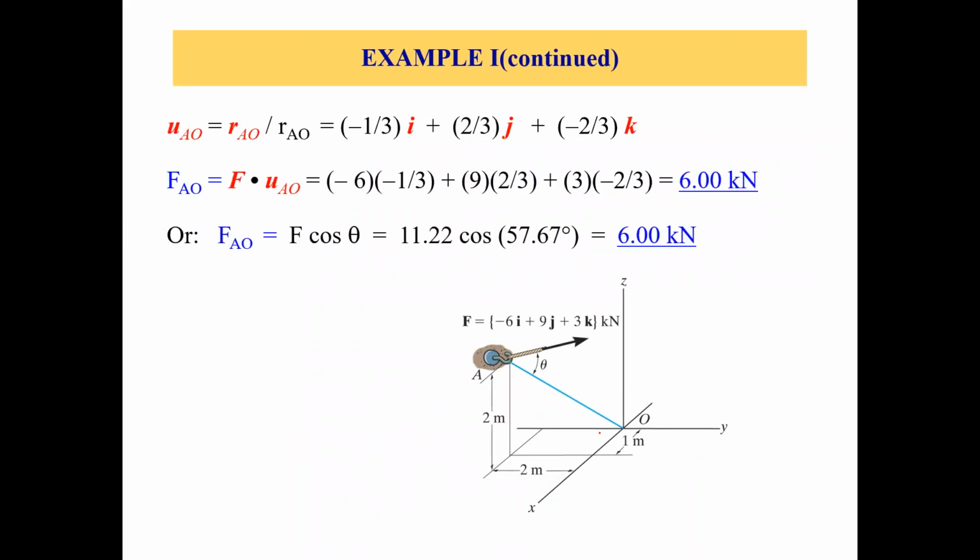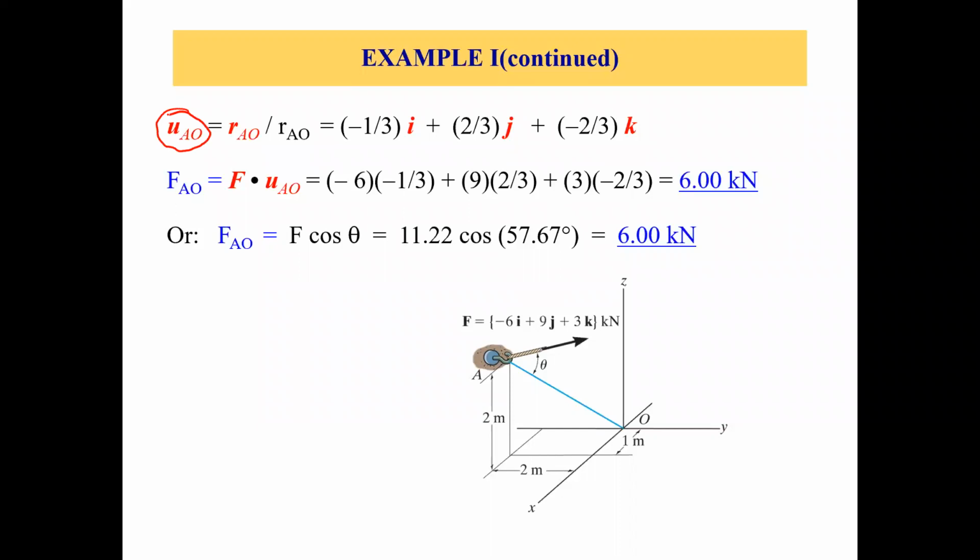Okay, now the next thing was to find the projection of this force along line AO, right? So we have the position vector, and we have the magnitude of the position vector, so we can find the unit vector, U sub AO.